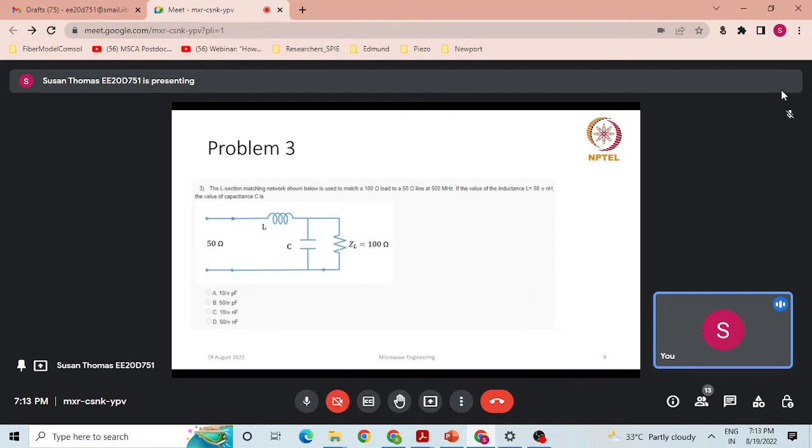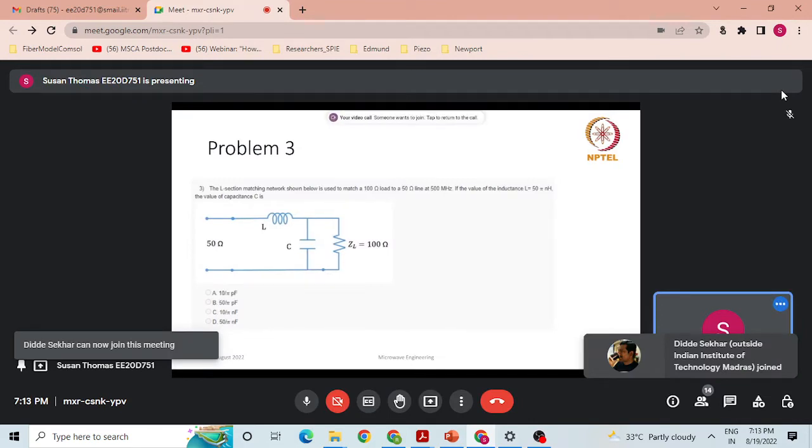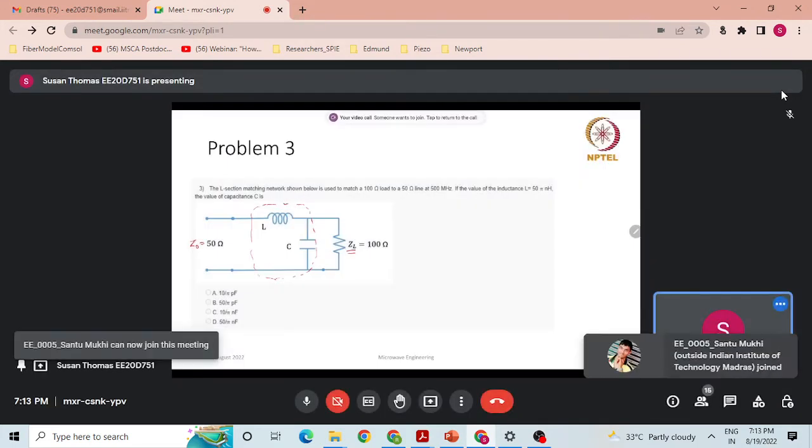As you can see in this figure, you are given an LC network, which is a matching network. This is our matching network, this is ZL and this is Z0. Now let us look at the question.